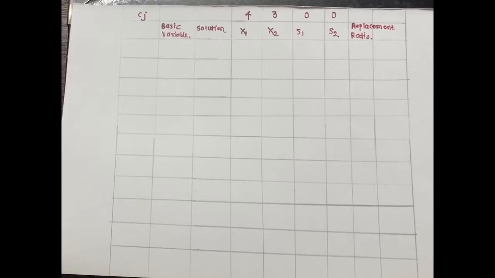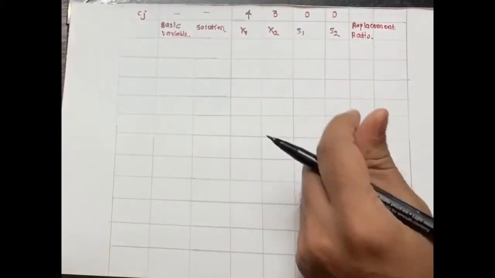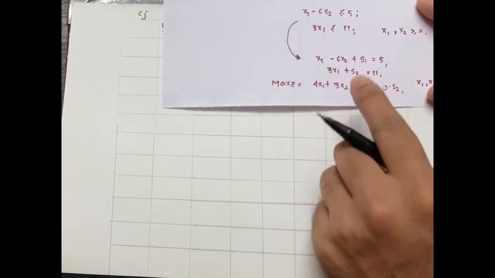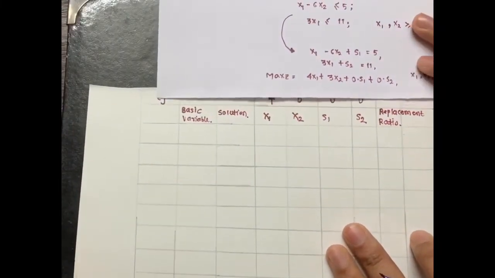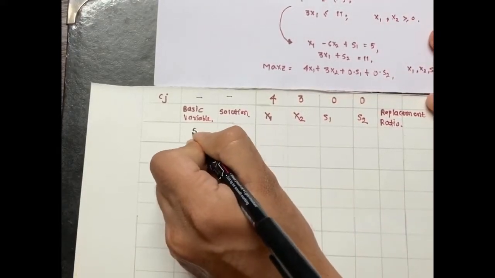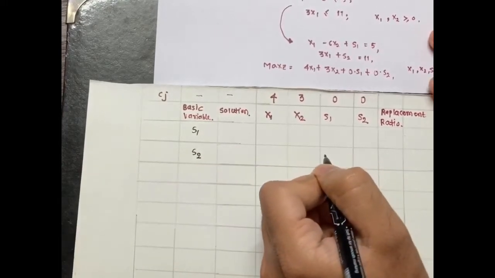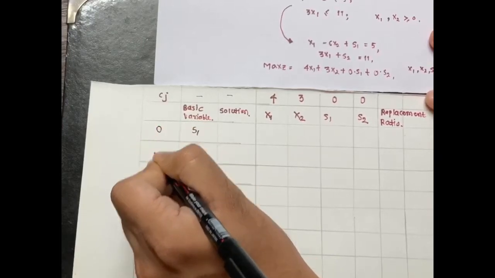Now I start my first iteration. As it is a maximization case, the inequalities are converted into equalities. In the first iteration the basic variables will be s1 and s2, and their Cj values in the objective function are 0, 0.